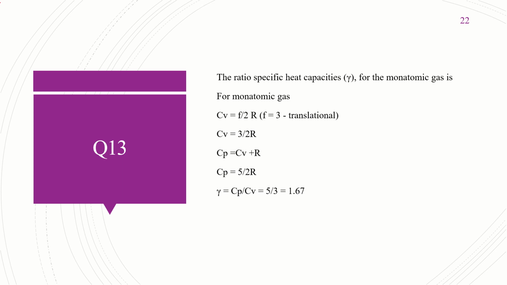What is the specific heat capacity ratio? It is Cp by Cv, right? So what does Cv mean? Can anyone answer? It is the heat required to raise the temperature of 1 mole of the gas by 1 degree Celsius.